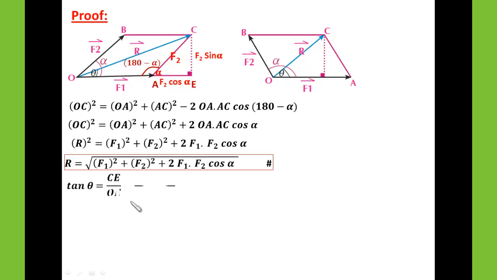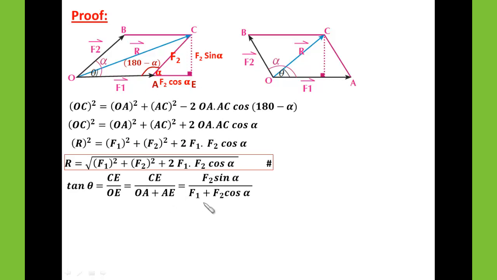So we can write tan theta equals CE over OE. OE equals OA plus AE. Look at the figure: OA plus AE is the length of OE. And we substitute CE equals F2 sine alpha.